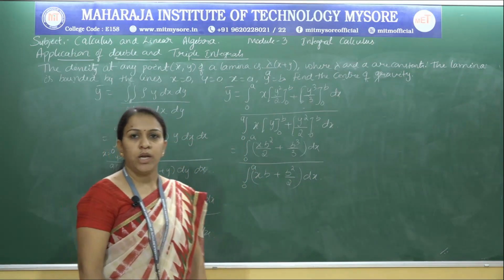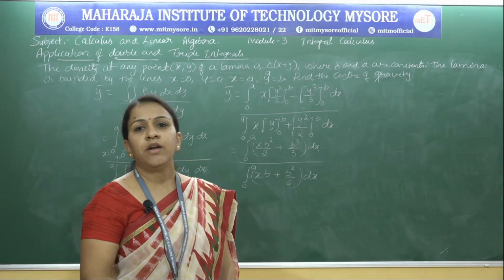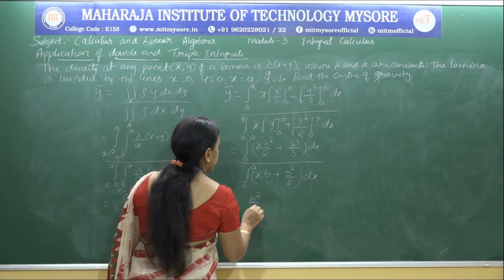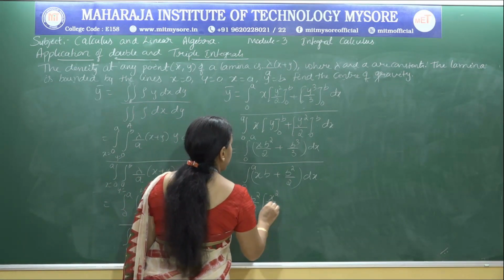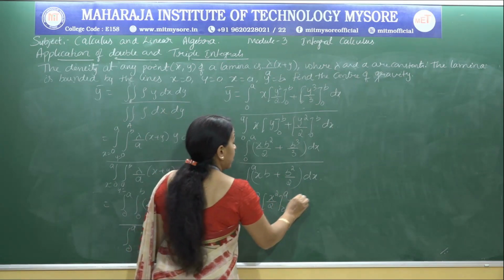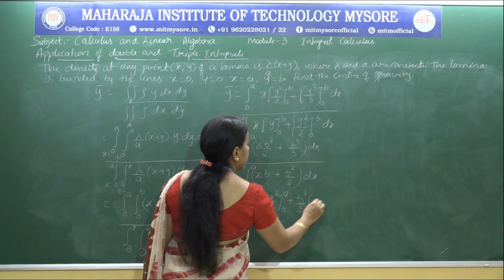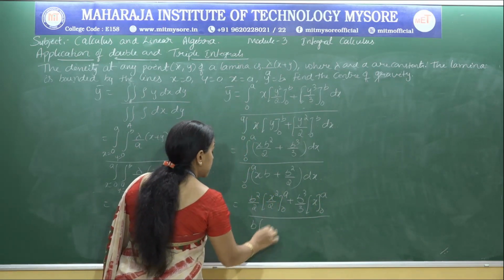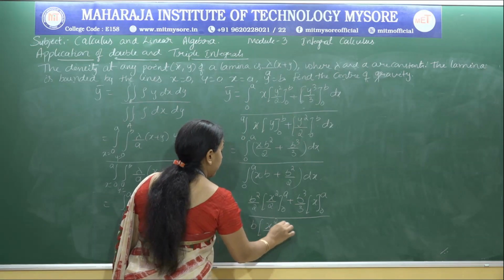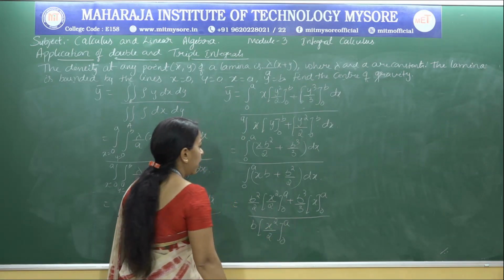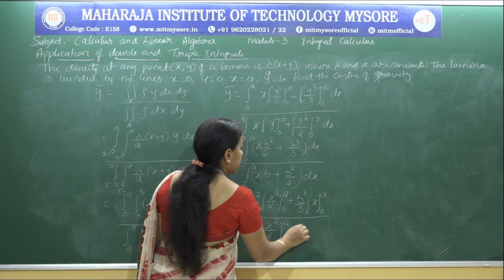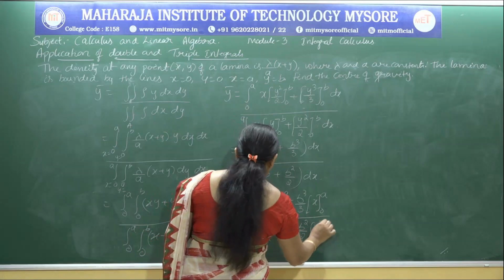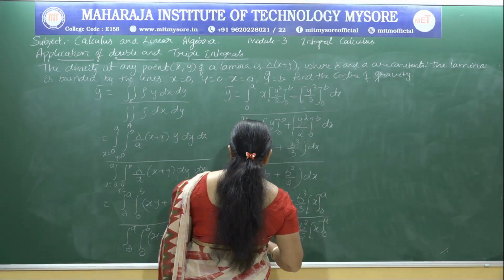Now we are left with only x and a constant, integrate with respect to x, that is b square by 2 constant, integral of x is x square by 2 between the limits 0 to a, b cube by 3 constant, integral of dx is x between the limits 0 to a, whole divided by b constant, integral of x is x square by 2 between the limits 0 to a, plus b square by 2 constant, integral of dx is x between the limits 0 to a.